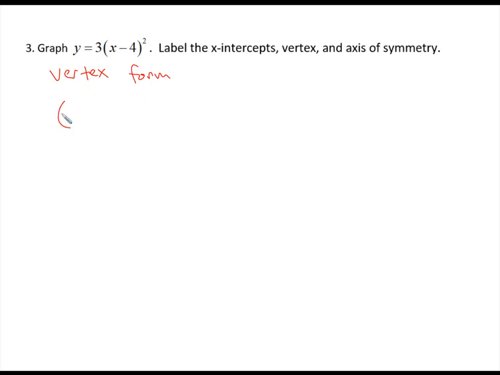So if it's vertex form, we know our vertex is going to be 4, 0. Right, we take the opposite sign inside the parentheses, and there's no number outside here, so the k value would be 0. So here's our vertex, and we're going to sketch this now. So at 4, 0, we have our vertex.